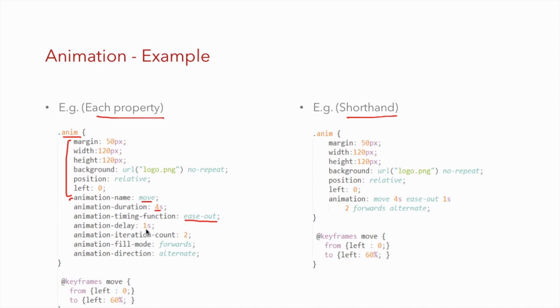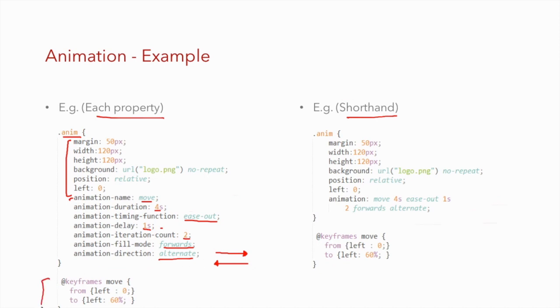Then animation delay is 1 second, that is after a 1 second delay the animation will start. Then animation iteration count is 2, so this animation will happen 2 times. And animation fill mode is forwards, and the animation direction is alternate. Alternate means that it will go in the normal mode first, and in the second iteration it will be in the reverse direction.